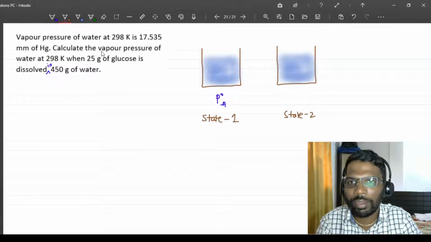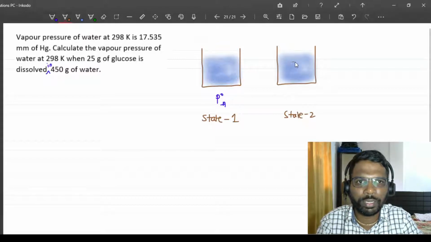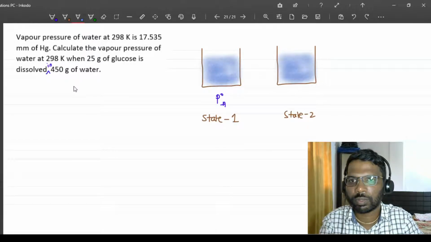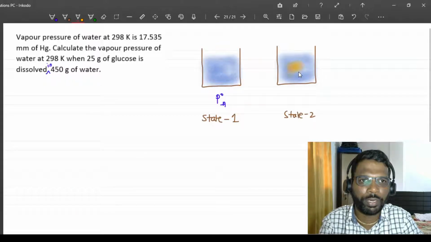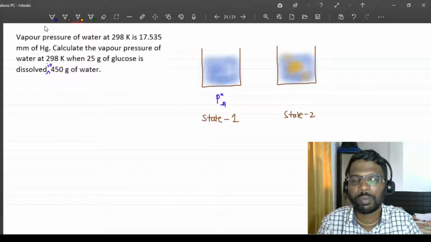When I add glucose to it, it means some impurity is there. Let's say this is the glucose which I am adding to it now. Now this is a solution of glucose.